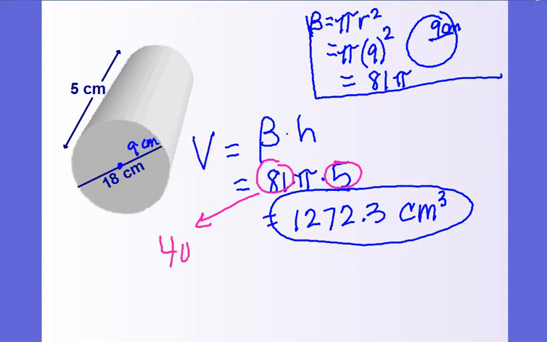So I could also write my volume as 405 pi cubic centimeters. These two volume answers are exactly the same answer. Just one I didn't multiply by pi. I left pi as part of my answer. And on the other one, I used the pi button on my calculator and made it into a decimal.